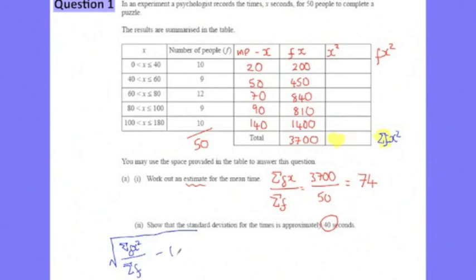And we subtract that from the mean squared, which we've already calculated in the first part. So we'll substitute in 74 squared. Put that into your calculator and we get the value of 40.1. So when it says show the standard deviation for the time is approximately 40 seconds, 40.1 is approximately 40 seconds.